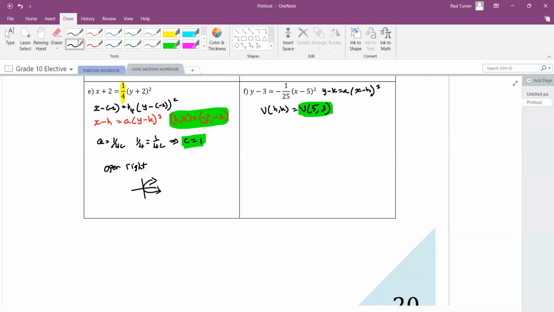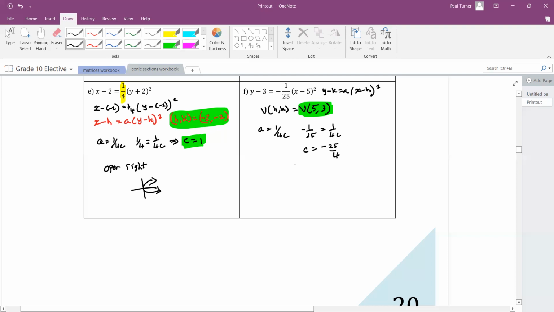And A is 1 on 4C. A is given as negative 1 on 25 equals 1 on 4C. So that tells us that C will be, by cross multiplication, negative 25 on 4.